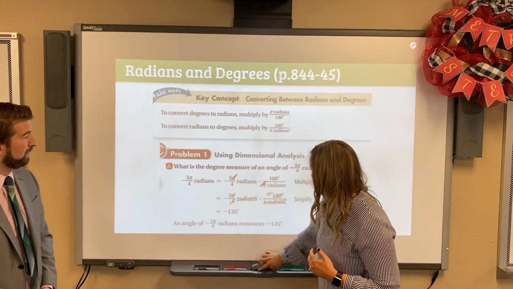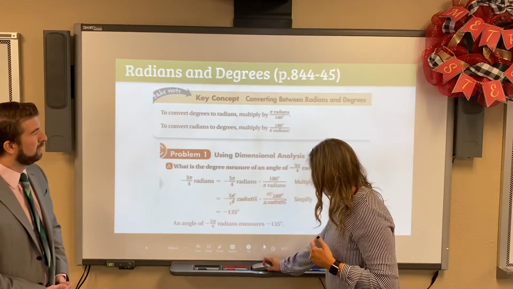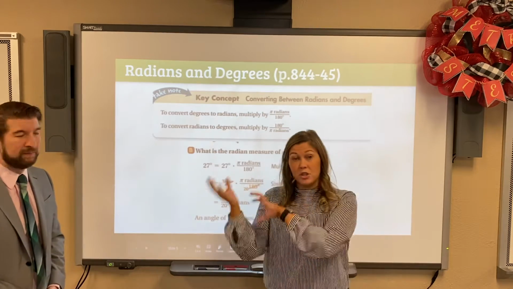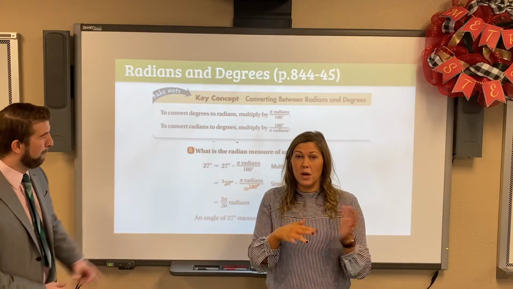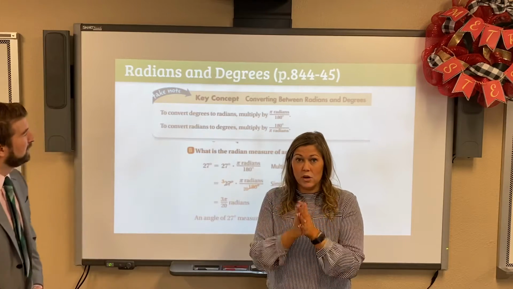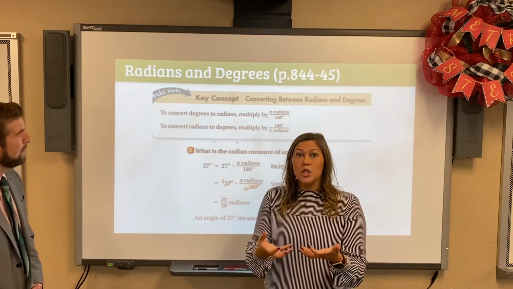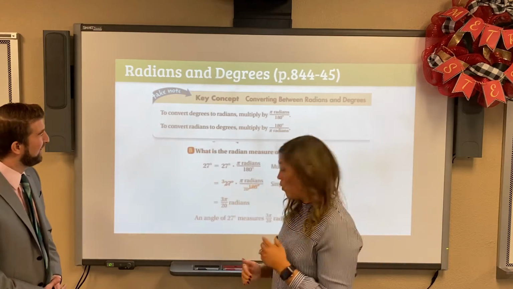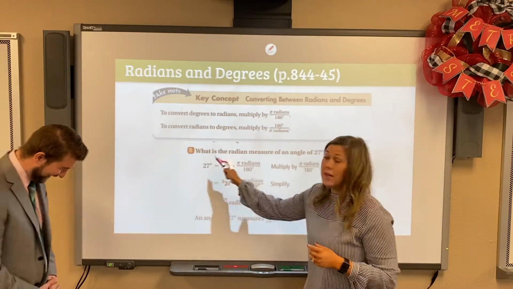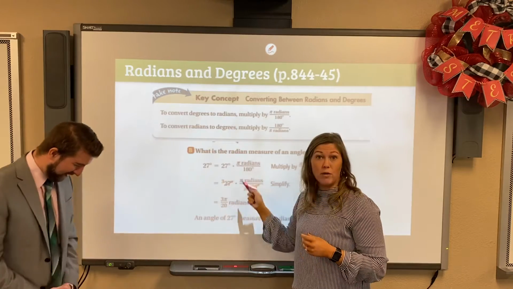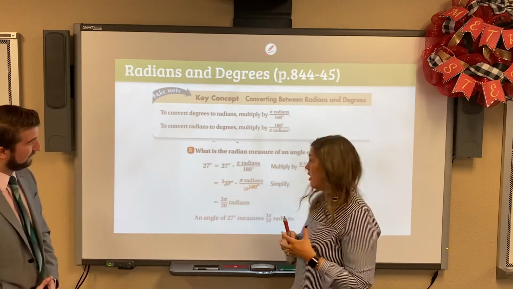And so now let's do one where we're given degrees and we want to go to radians. Whenever you have your radians, your central angle, it's in terms of pi. We need pi in our answer. So this one will be pi over 180. So we have 27 degrees times pi over 180 degrees because we need that pi in our answer.